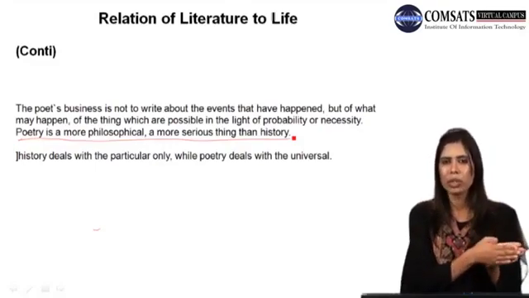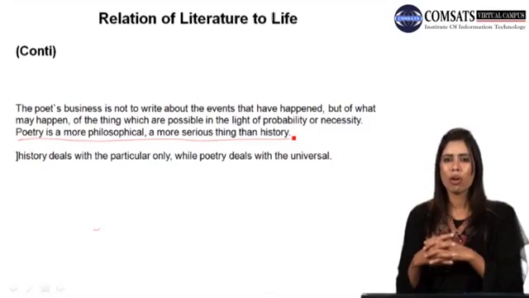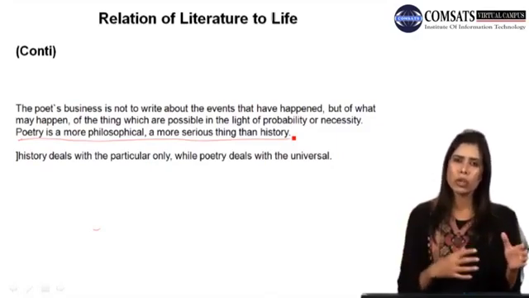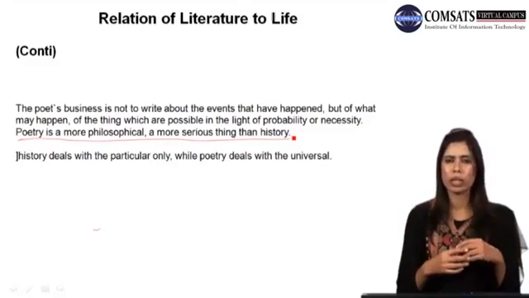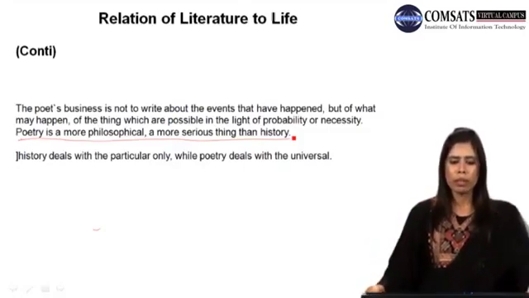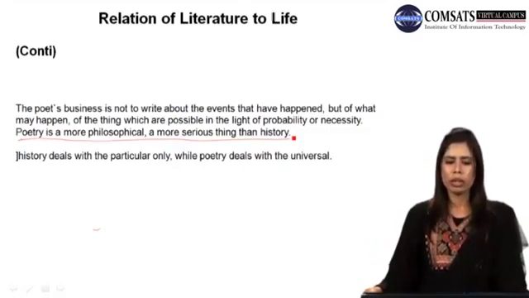So by keeping in view the necessities of ordinary human beings in society, you have to write down your ideas in form of poetry or in form of drama. That can be there, fine. History deals with the particular only, while poetry deals with the universal.